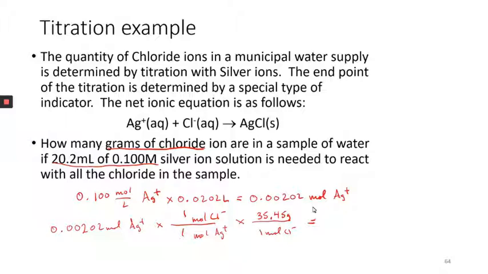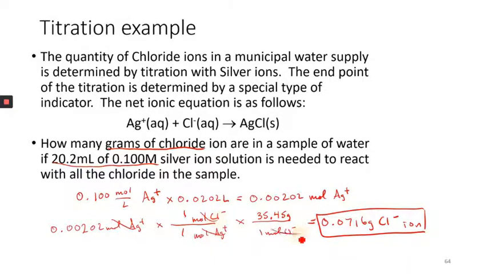And then you punch it all in your calculator, and that is your grams of chlorine ions. Double check that your units cancel out using dimensional analysis.